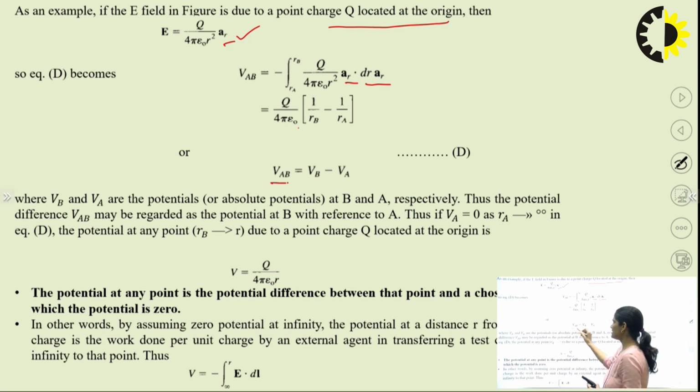Now the potential difference between points A to B is equal to what? VB minus VA.